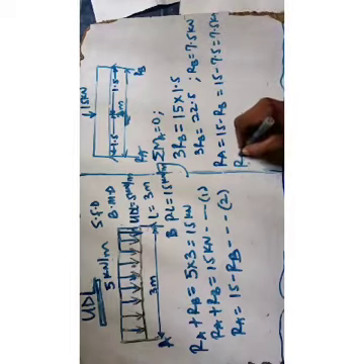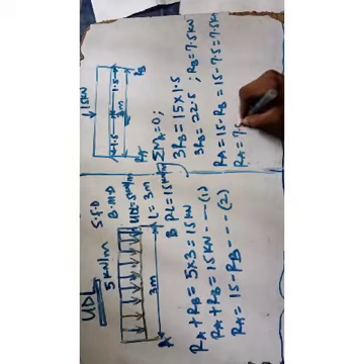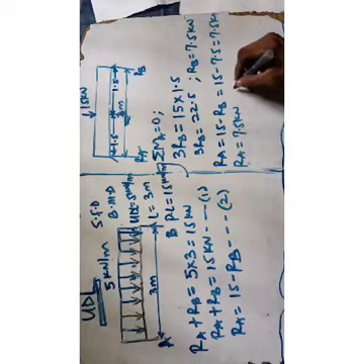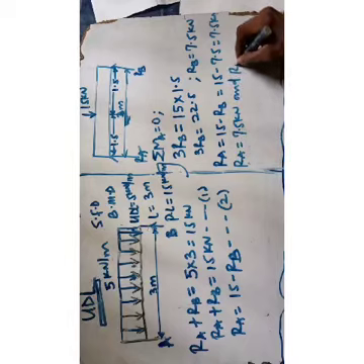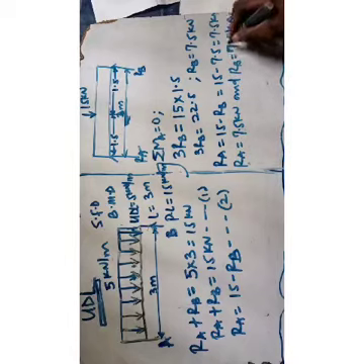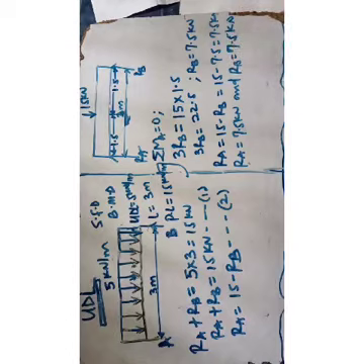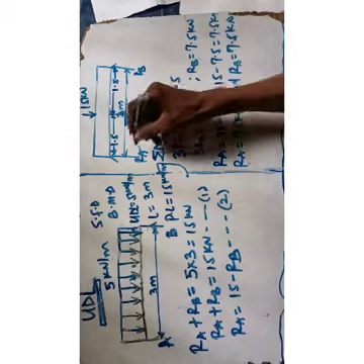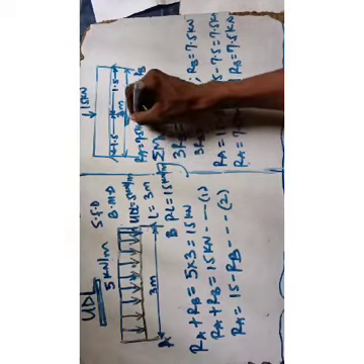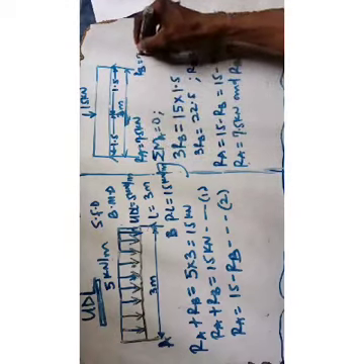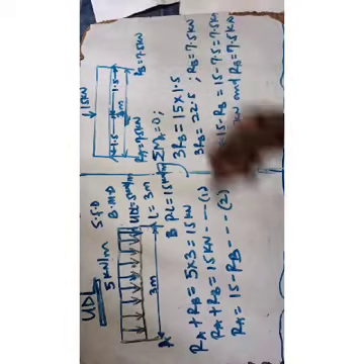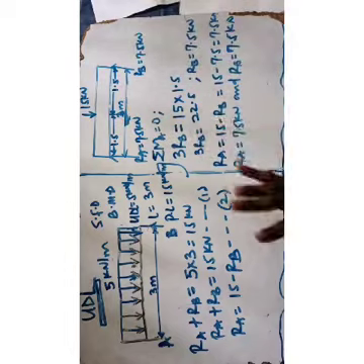So Ra is equal to 7.5 kilonewton and Rb is equal to 7.5 kilonewton. Now this is for the reaction.